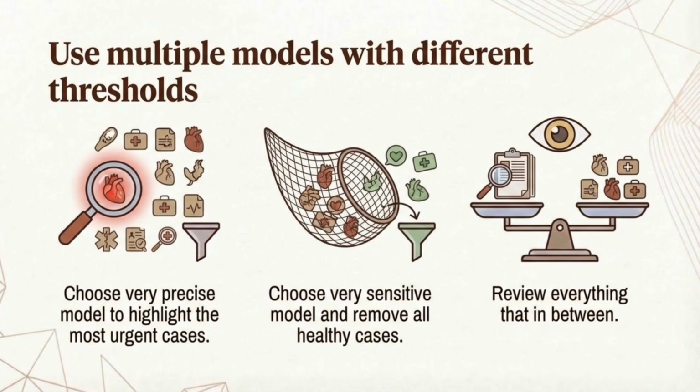Another approach is using multiple models with different thresholds. More accurately, we use the same model, but with different thresholds, multiple times. In this case, we use a model with very high specificity that detects the most urgent cases. We will also show it on the model, so it will be clear how it works. The idea is that we choose urgent cases, so even if the model misses a lot of cases, it still almost doesn't have false positive alarms.